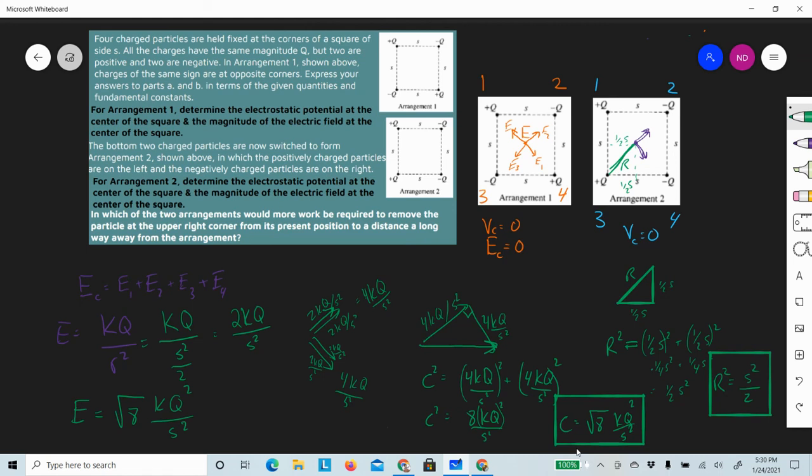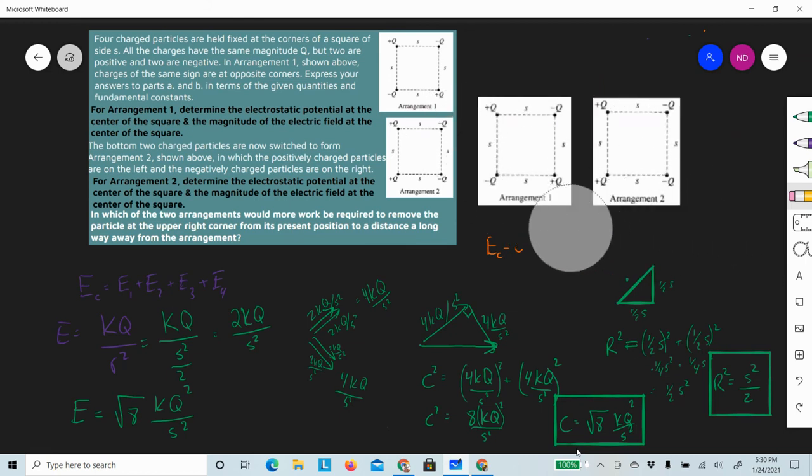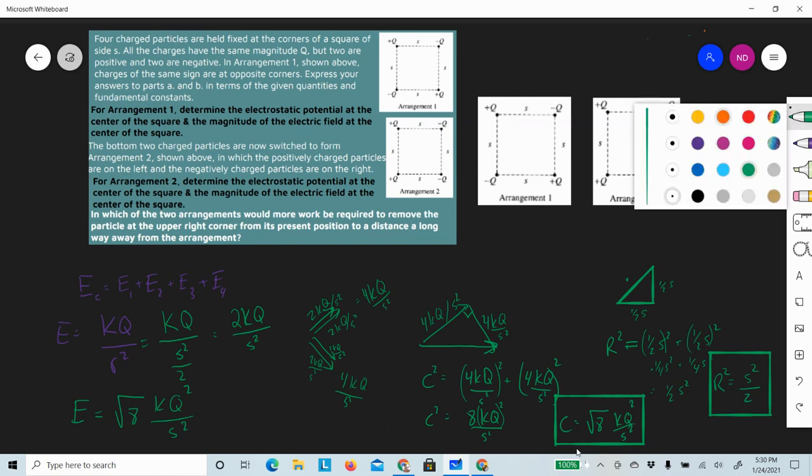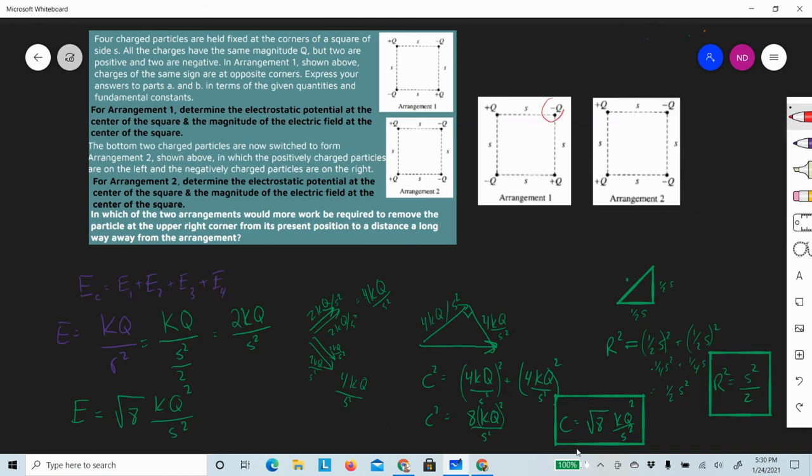Last part there. Now, in which arrangement will it require more work to remove the particles? All right, so if we look at it this way, to remove this particle or this particle, which will require more work? Okay, this is going to have an electrostatic attraction there, an electrostatic attraction there, and a repulsion that way.